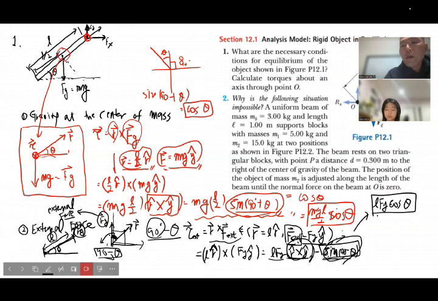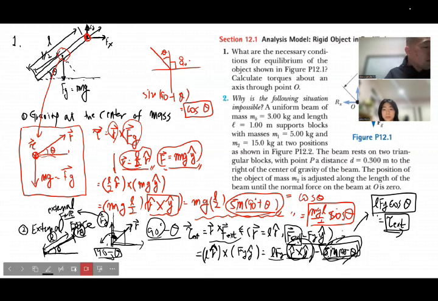So in the case you have a vertical force, that is the net torque from the external force. Okay, so in order to keep the system in equilibrium, the torque from the external force should be the same as the one from the gravity on this rod.